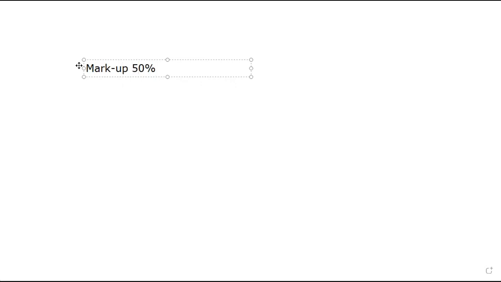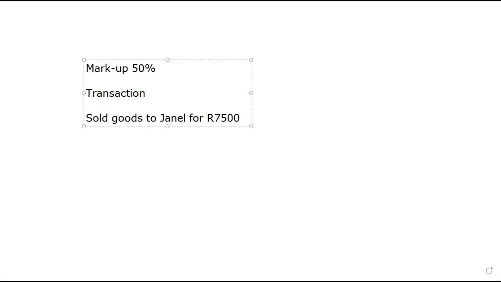This is a transaction that says sold goods to Janelle for 7,500. This is an example of a transaction under the perpetual inventory system.